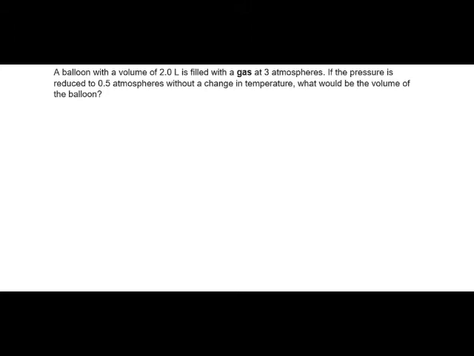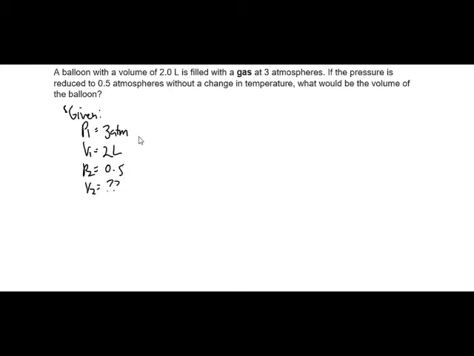First step, put the given. Our given is P1 is 3 atmospheres, V1 is 2 liters, P2 is 0.5, and missing is V2. What do you think will happen?